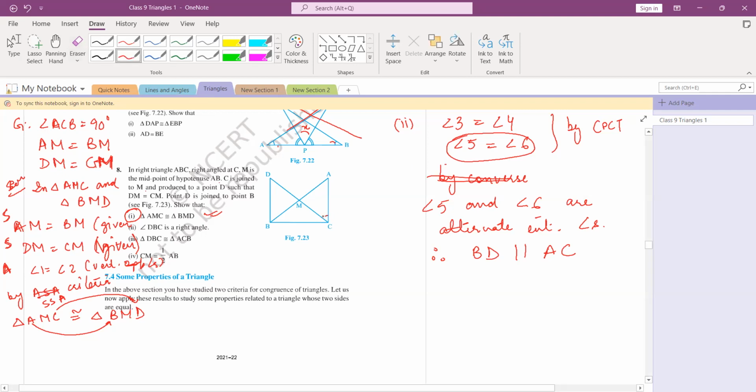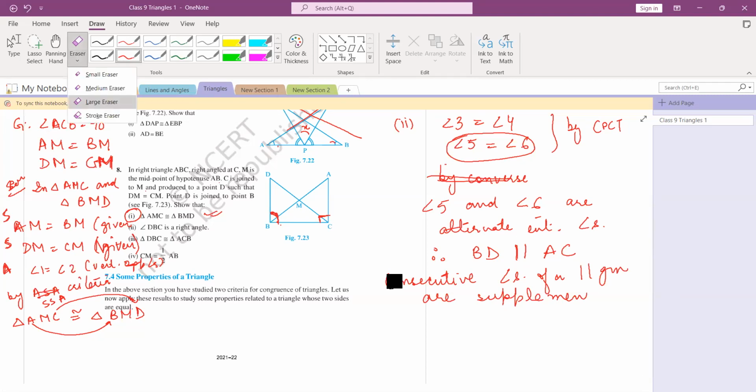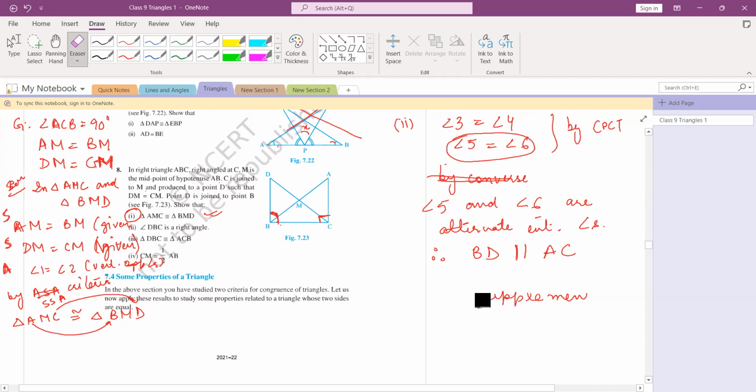Now this angle is already given to be 90 degrees. And this is another angle which we have to show, which we have not shown. We have shown that the lines are parallel. So we'll use one property here, that the consecutive angles of a parallelogram are supplementary. Or we don't even need this property. I will use that the co-interior angles are supplementary.